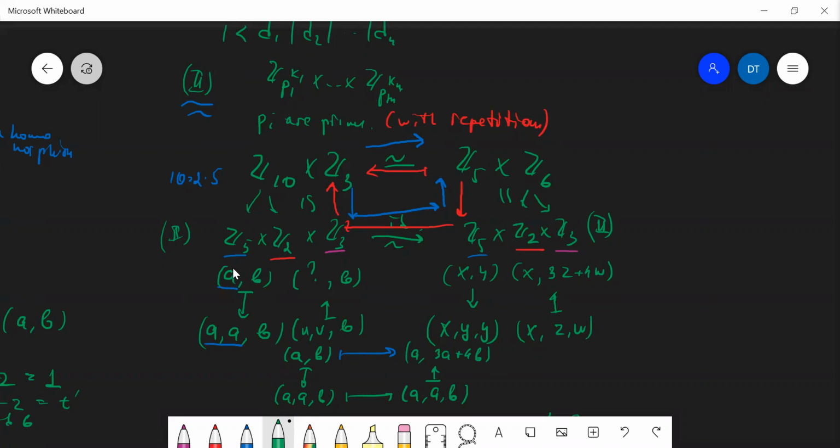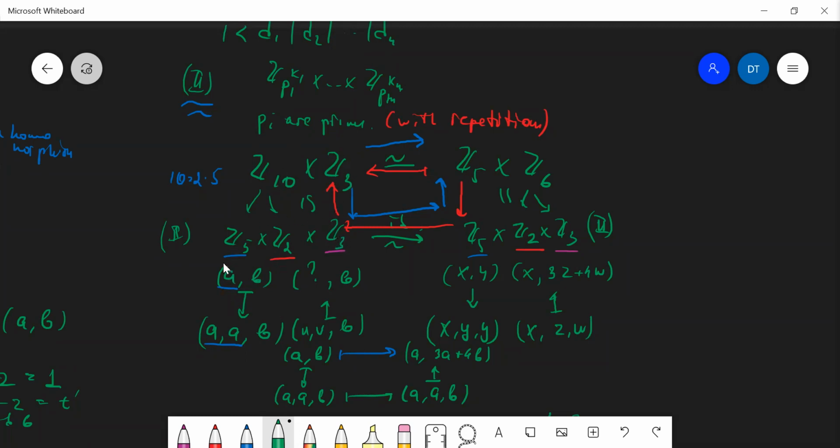I just apply the isomorphism from the Chinese remainder theorem to this element because it lies here, and it goes to a pair of elements from here, and I apply the identity map to the third factor, which means that B goes here. So this is just the explicit formula for the isomorphism from up to bottom.